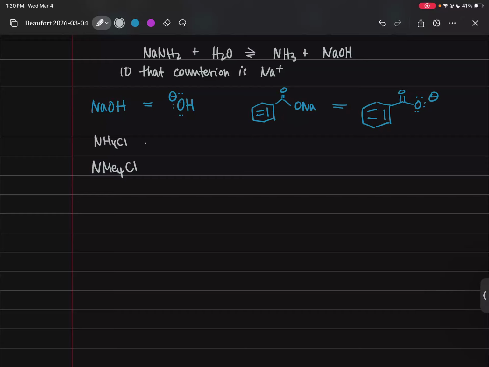That is equal to NH4 plus and Cl minus, right? So in the same way, we can split up that, and then even further, for methyl groups on a nitrogen. That's what we're going to be looking at coming from there.